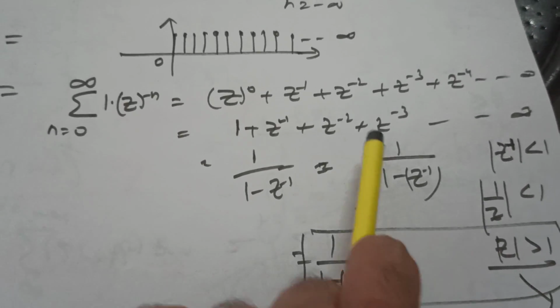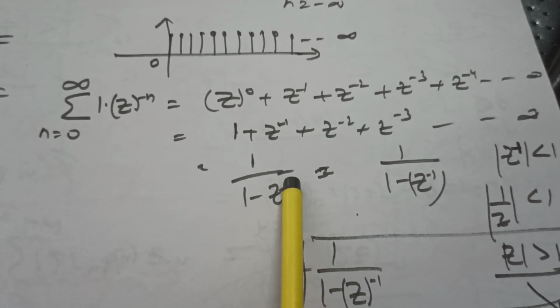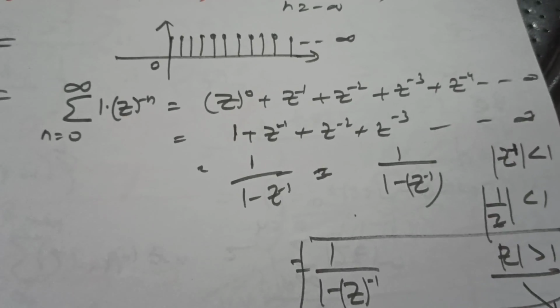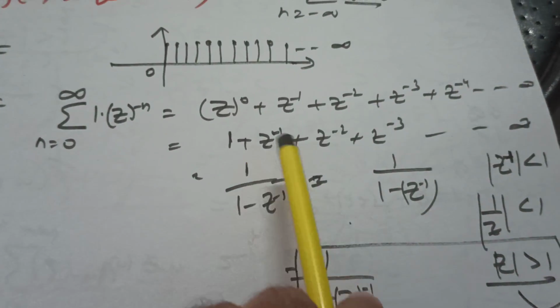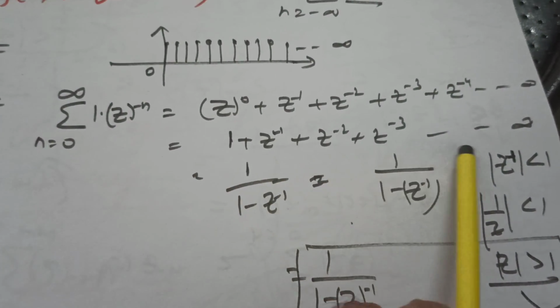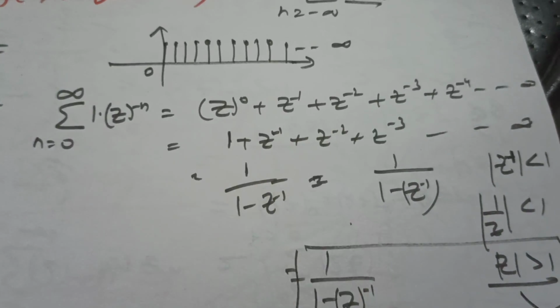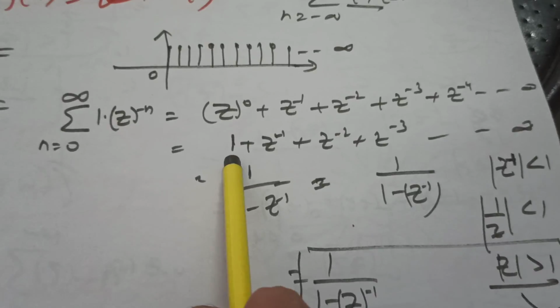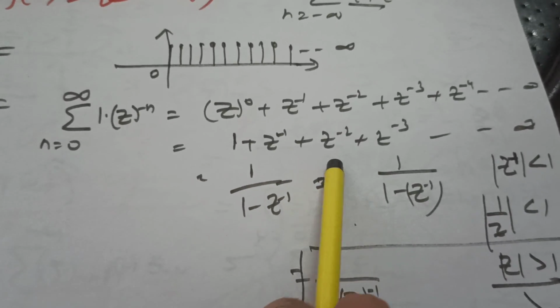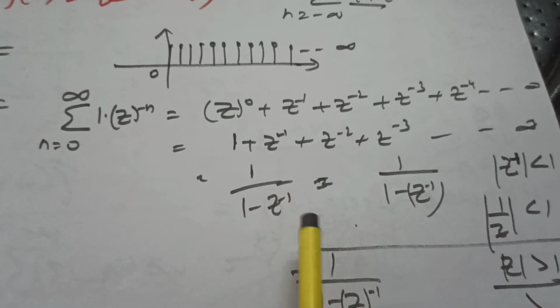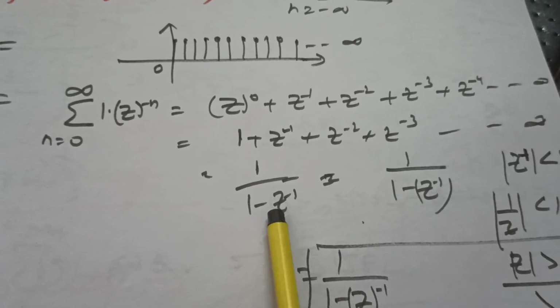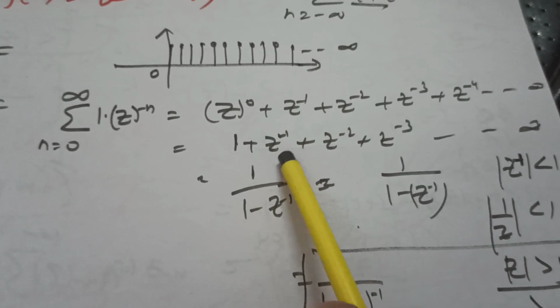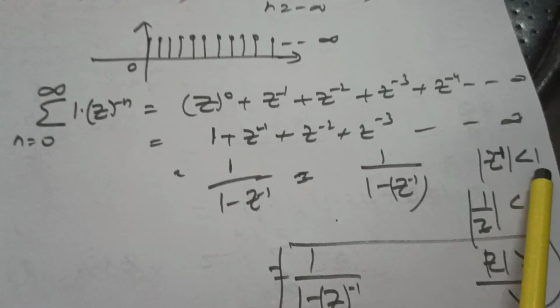And subsequently, have a look at this. This is the summation formula. The common ratio is Z to the power minus 1. Now we can recollect from our basic knowledge of geometric progressions that an infinite series only sums up or gives a finite result when the common ratio has modulus less than 1.